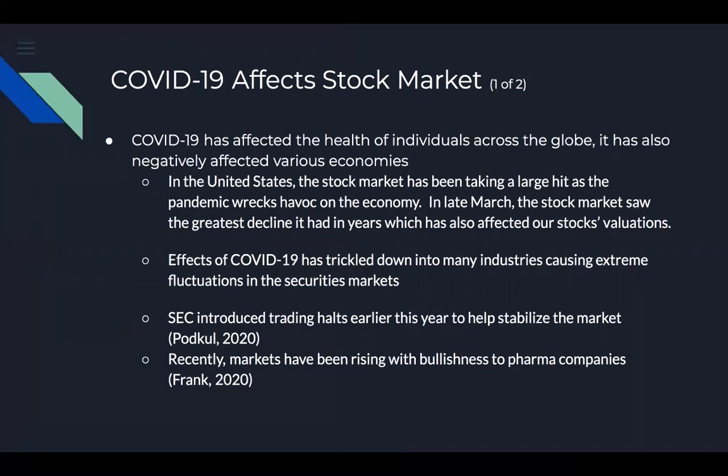In late March, the stock market saw the greatest decline it had in years in a single day, which also affected our stocks' valuations. Effects of COVID-19 have trickled down into many industries, causing extreme fluctuations in the securities. The SEC introduced trading halts earlier this year to try and help stabilize the market. And recently, markets have been rising with bullishness toward pharma companies.